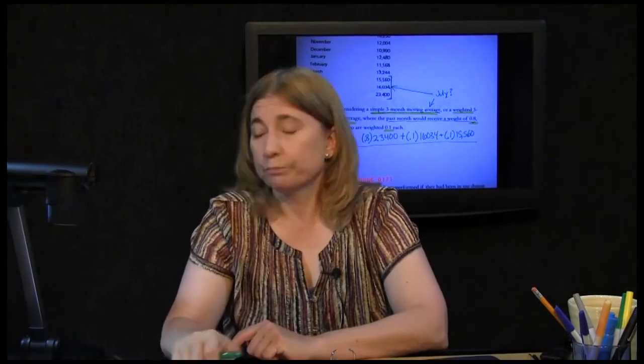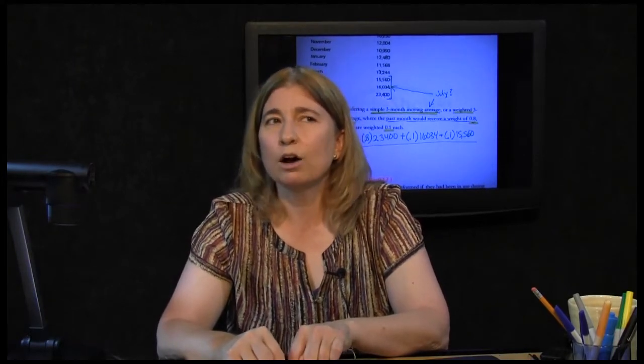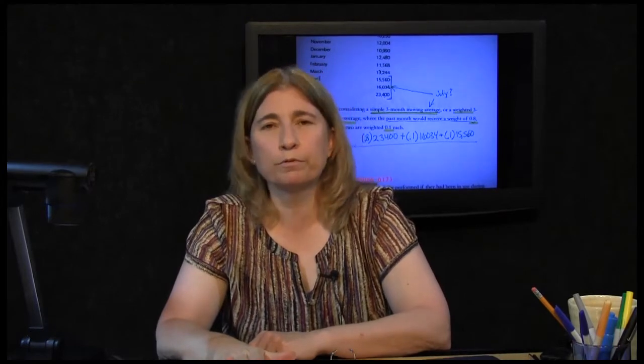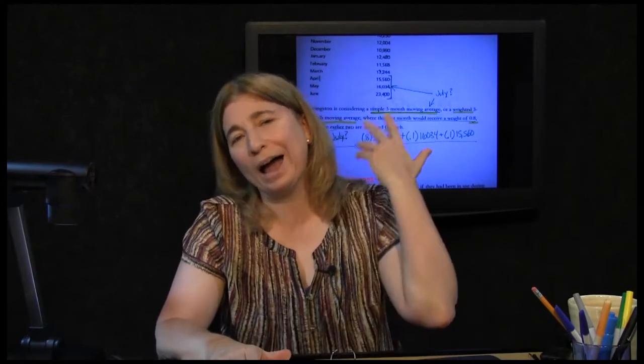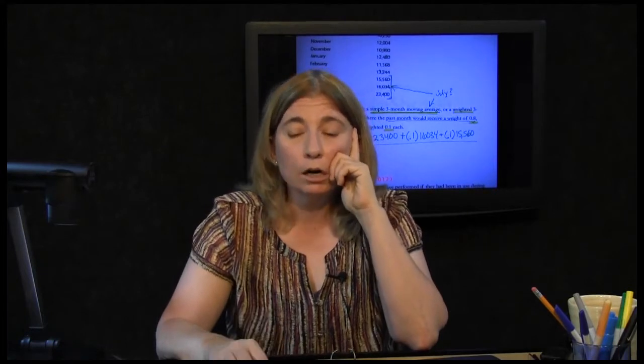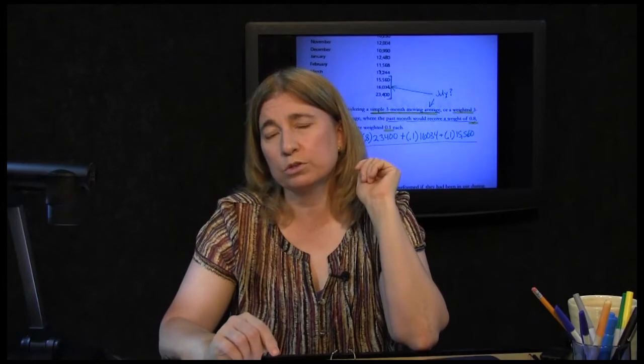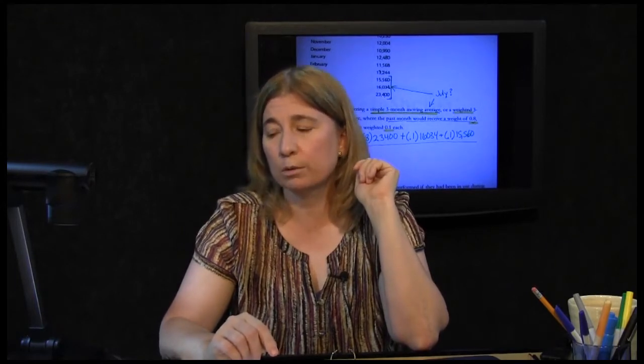Now, I'm not going to write it down because we don't actually need the forecast for July. It asked us how would those two techniques have performed during this past interval of time, which doesn't include July. So now we need to actually simulate the use of these two techniques in the past.